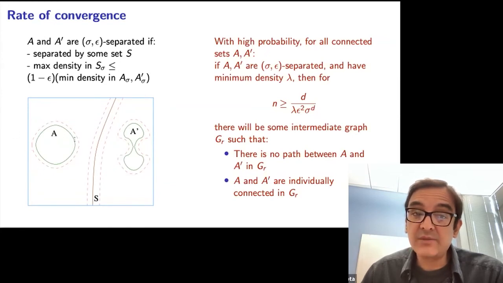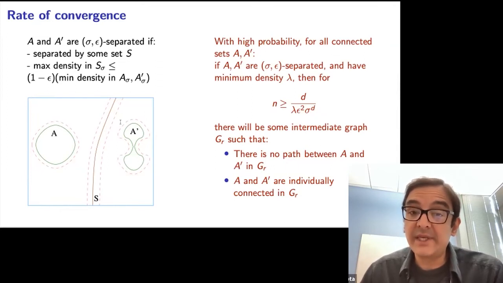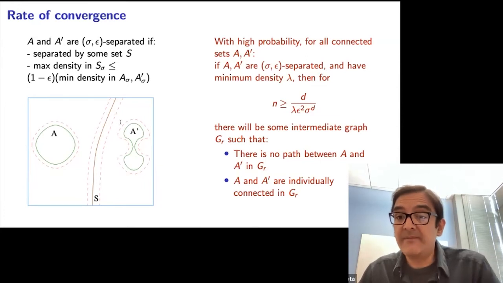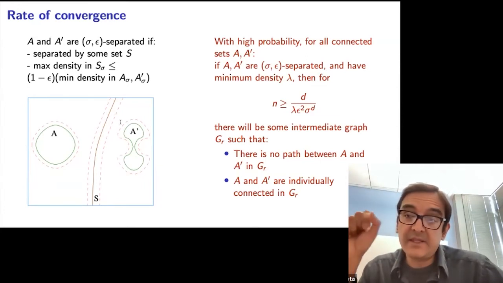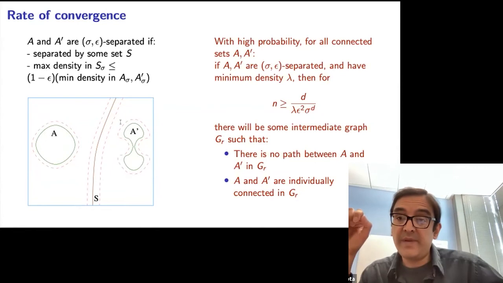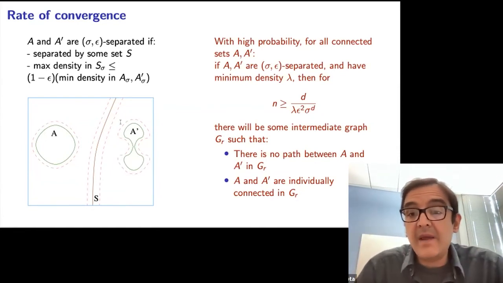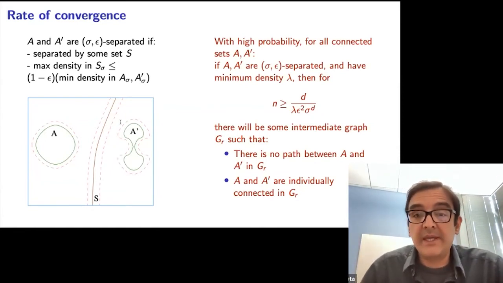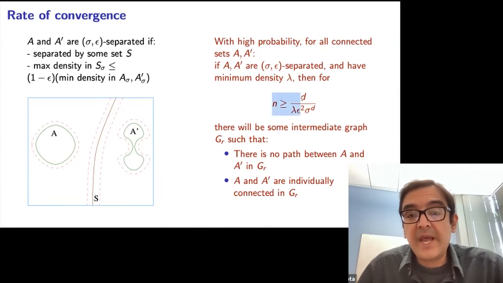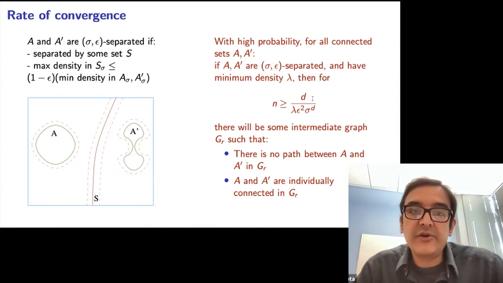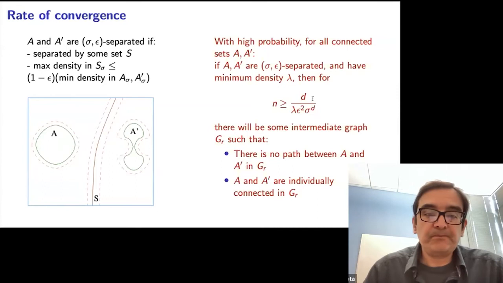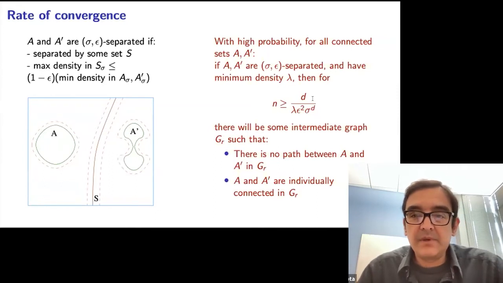So A lies within some connected component of G sub R, and A prime lies within a different connected component of G sub R. So there's some setting of the knob at which A prime will be in one connected component and A will be in a separate connected component. And this is the value at which that occurs. And it turns out that this is going to be close to minimax optimal.